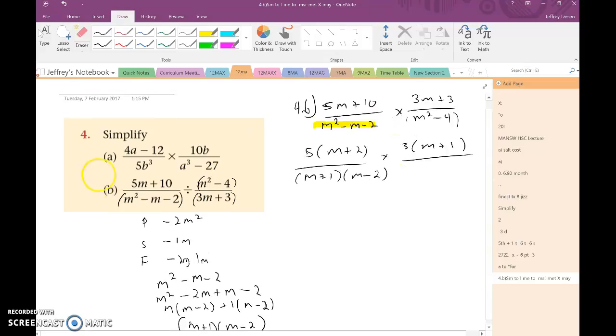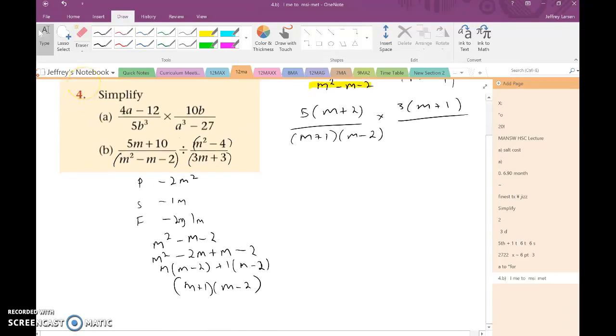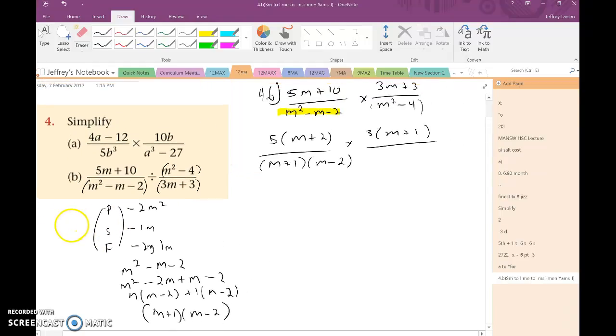Now just so I don't have to explain it separately, just like I factored this one using PSF, I can do the same thing with m squared minus 4, but it's actually m squared minus 0x minus 4. Right, there actually is no x term, so I'm calling it 0x. So if I do PSF on that, like I've been showing in class, the product is negative 4m squared.